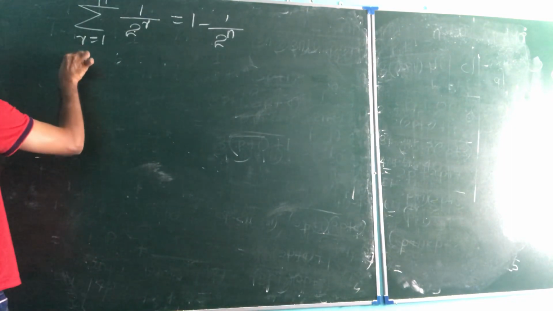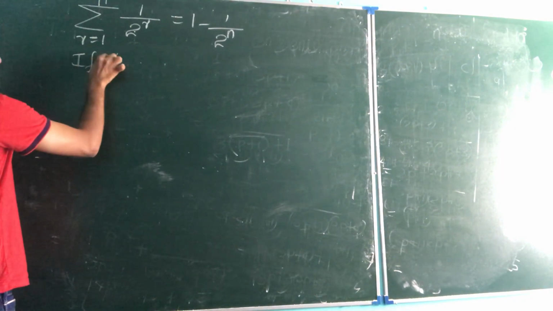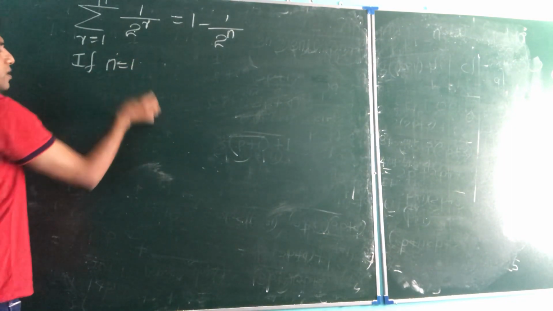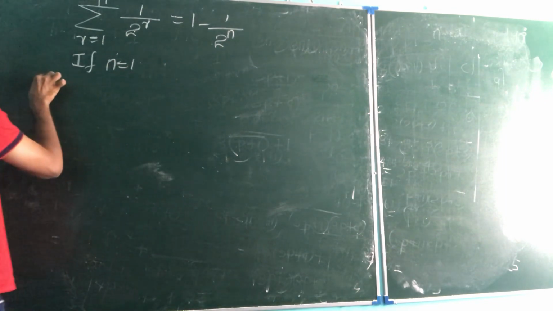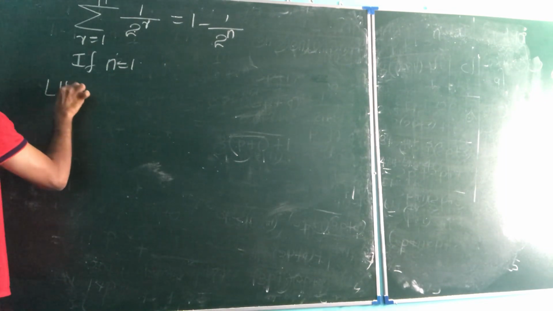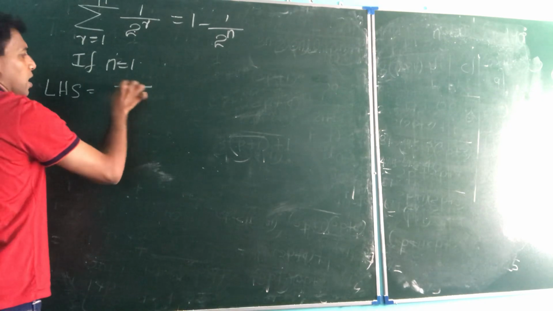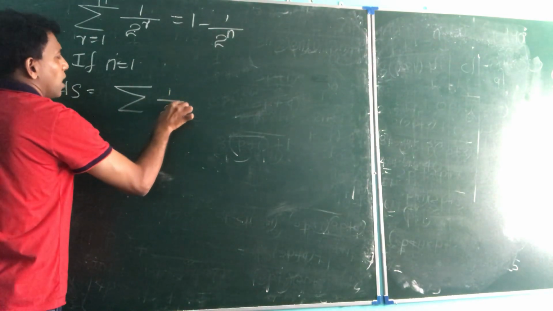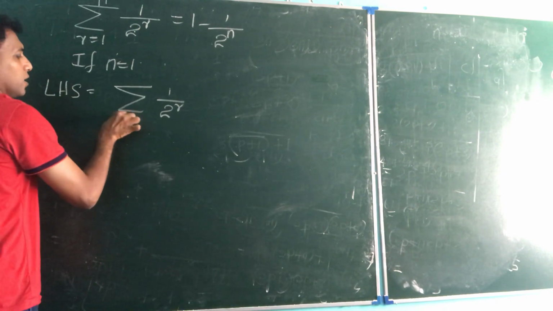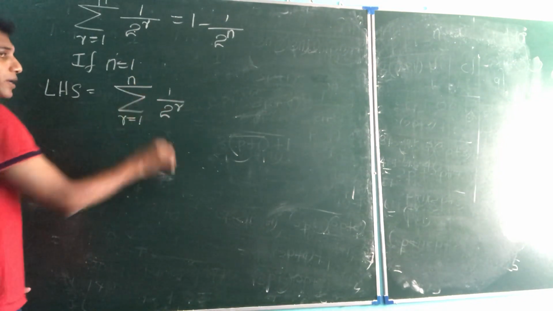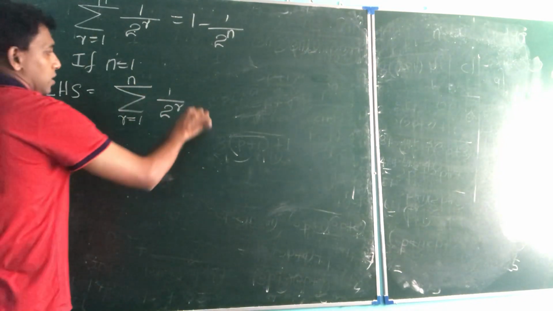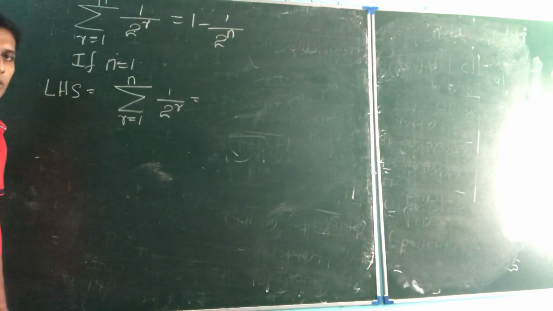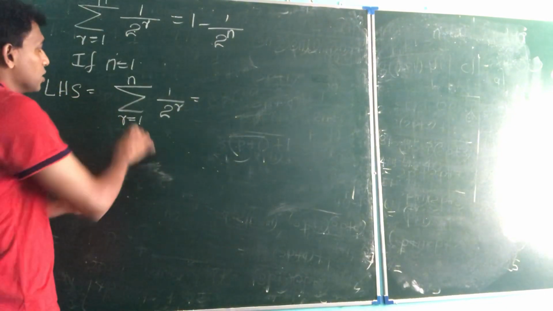So if n is 1, LHS, left hand side, sigma 1 over 2 to the power r, r equal 1 to n.